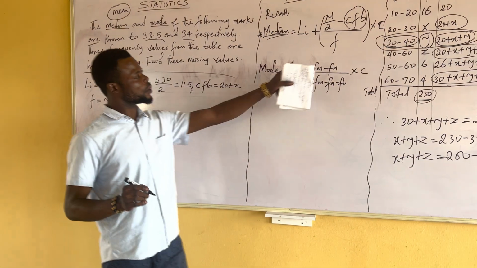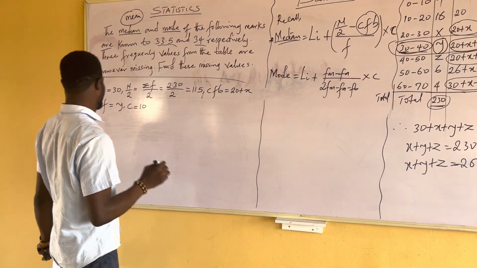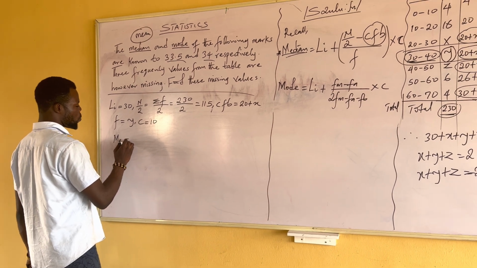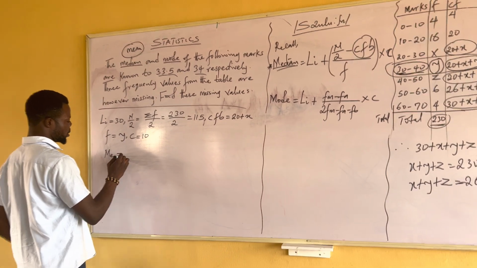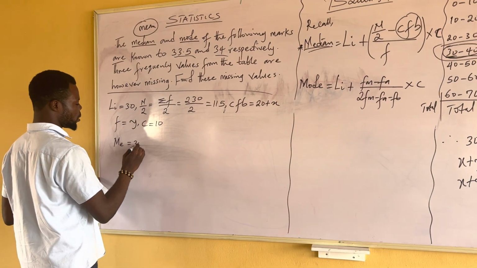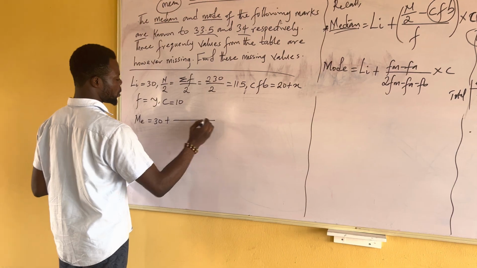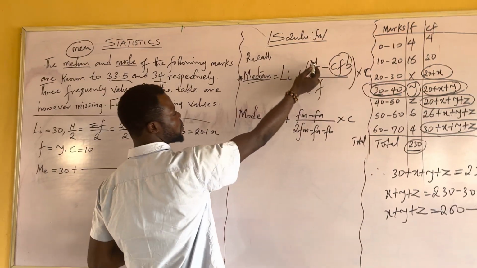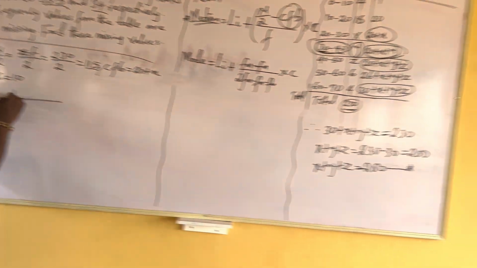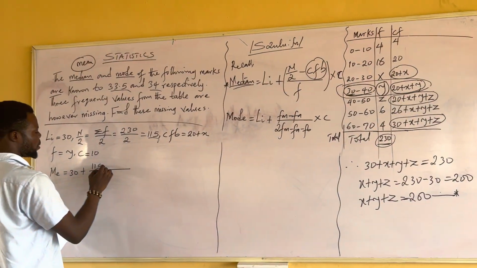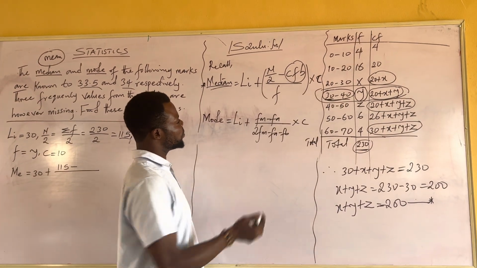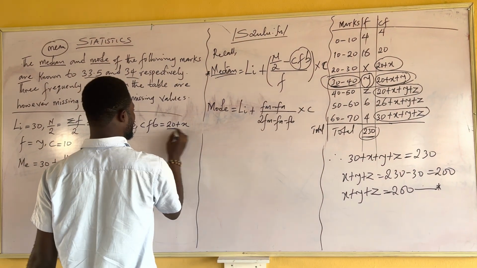Then we substitute into this formula. We now have our median equal to Li. What is our Li? Our Li is 30 plus n over 2, which is equal to this 115, then minus the cumulative frequency before the median class, which is this.